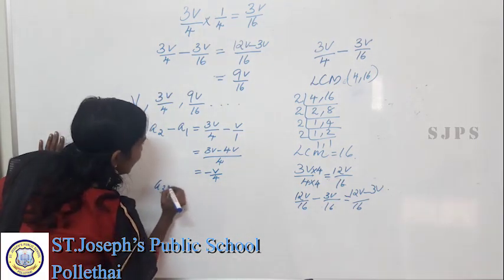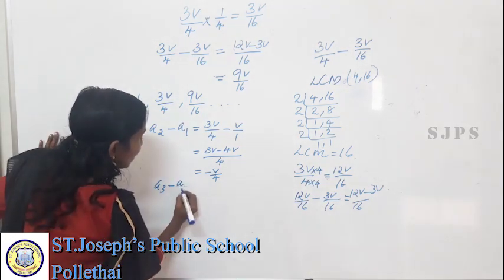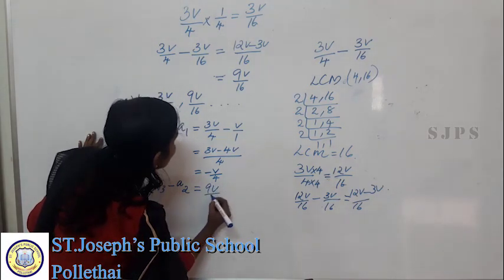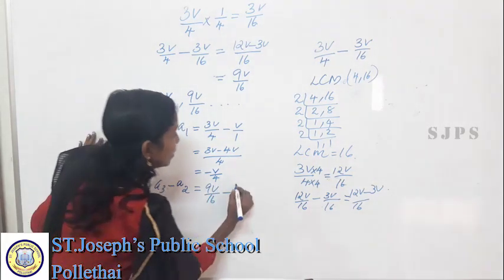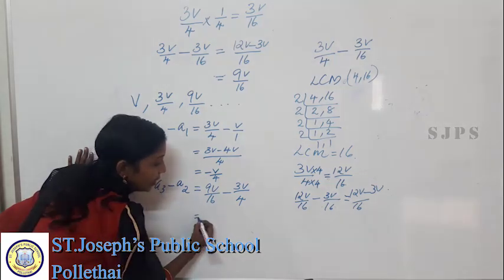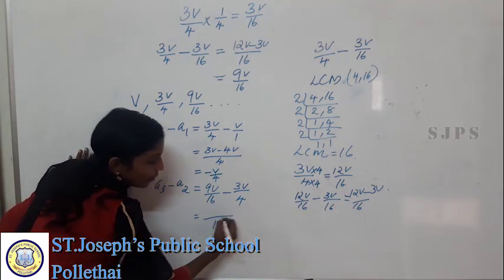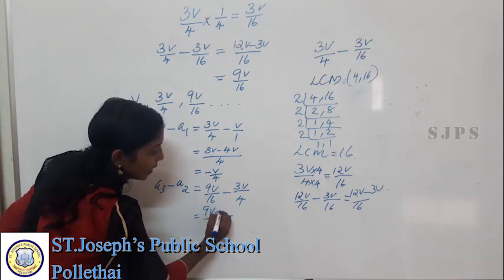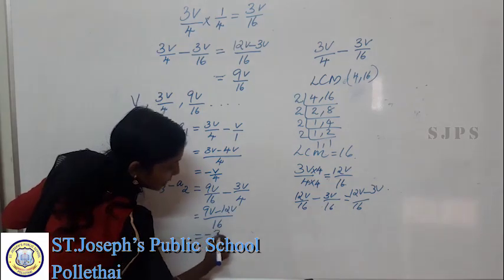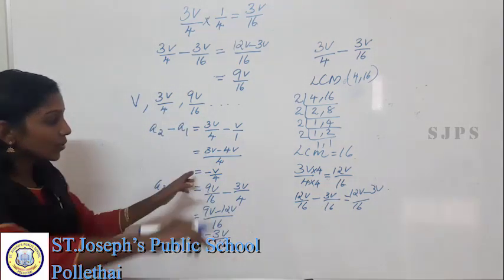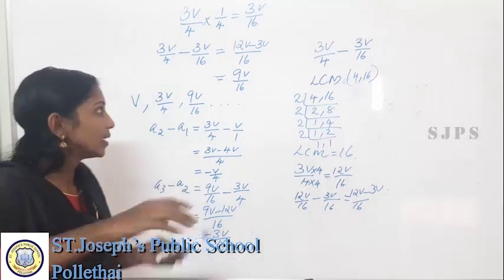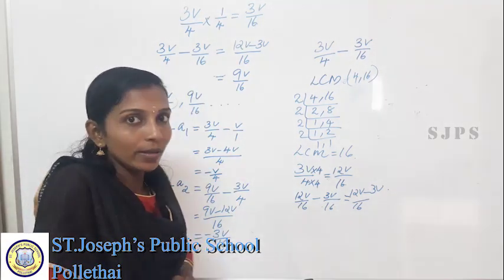Then A3 minus A2 is equal to 9V by 16 minus 3V by 4. Make the denominator 16, the LCM of the denominators. We get 9V minus 12V, we get minus 3V divided by 16. So we don't get a fixed number, we don't get a common difference here. Therefore, this does not form an AP.